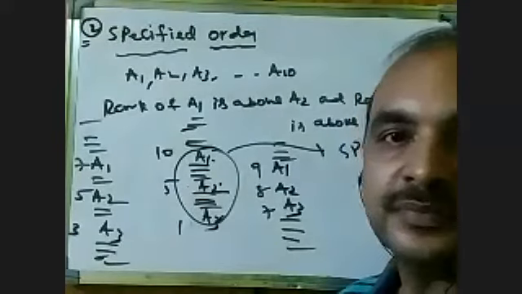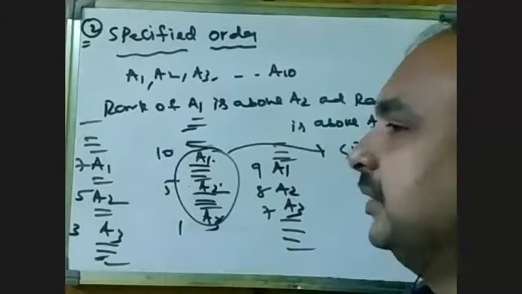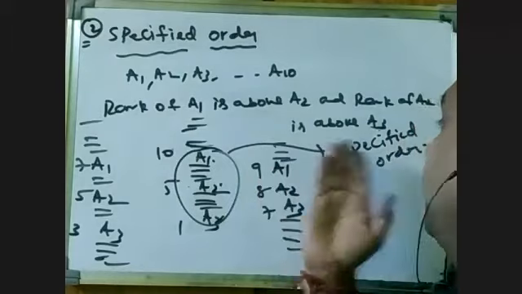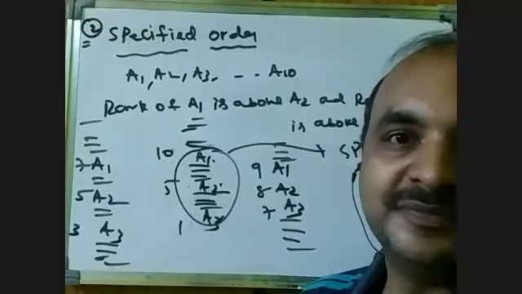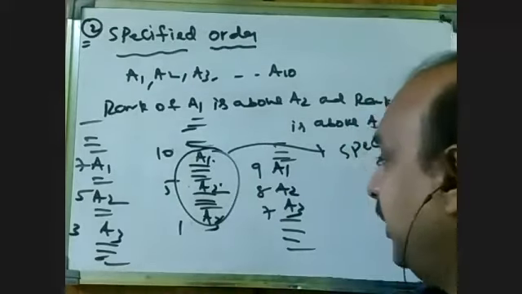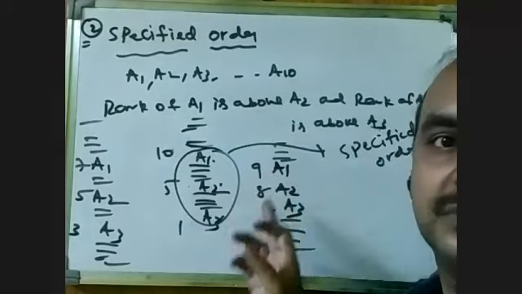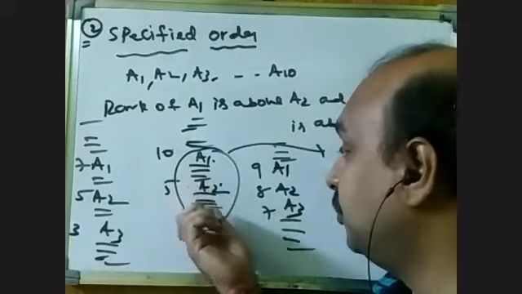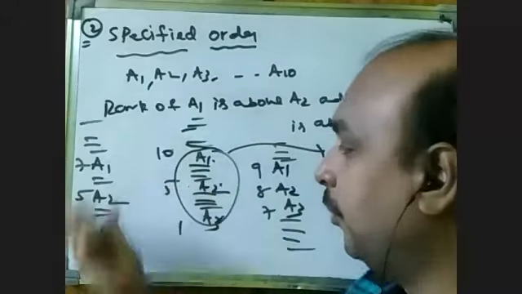Let me explain. What do you mean by this? The rank of A1 is always above A2, and the rank of A2 is always above A3. This is what it actually means. They may be consecutive, next to each other, or there may be some students in between.